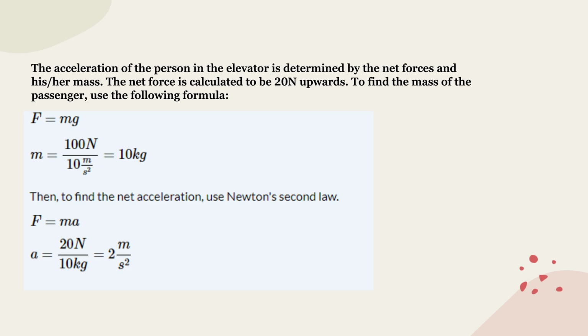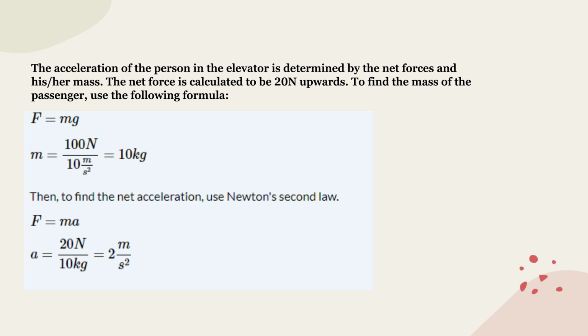Now we have the mass, we need the acceleration, and it will be the last step. To find the acceleration, we use the other formula. We just write a equals 20 Newtons over 10 kg.